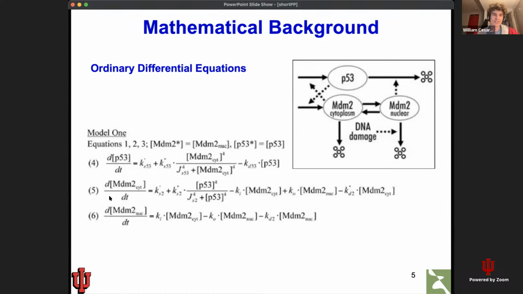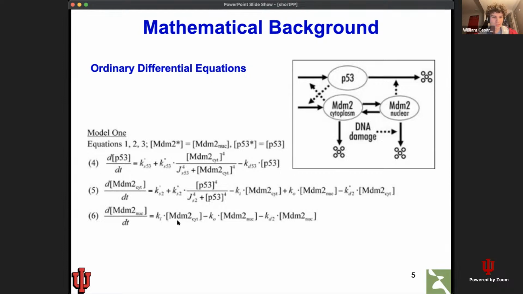MDM2 in the cytoplasm and MDM2 in the nucleus transport their concentrations to each other. We can see this with these terms. MDM2 in the cytoplasm has a term of Ki times MDM2 in the cytoplasm. And this is not a decay term, this is a transportation term of MDM2 in the cytoplasm to MDM2 in the nucleus. So this is representing this arrow here.